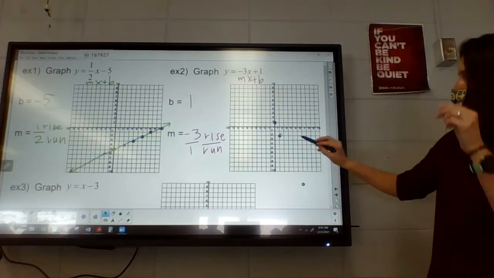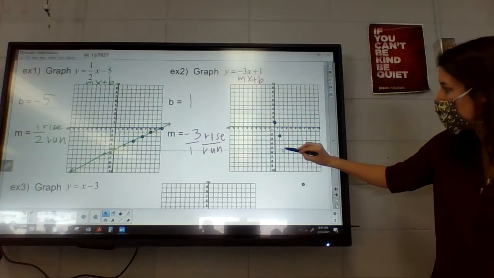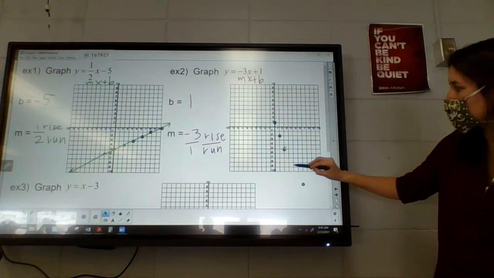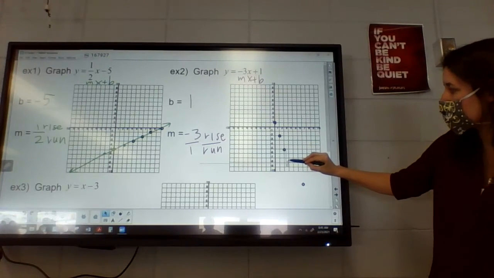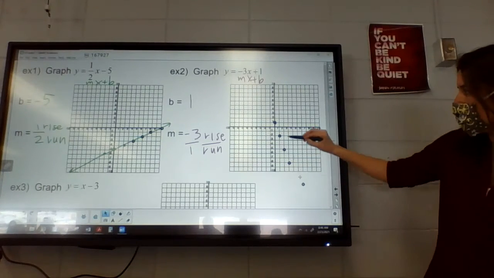Go a few times, down 3 over 1. And again, if it doesn't form a straight line, you did something wrong. So you want to make sure that it's getting a straight line there.